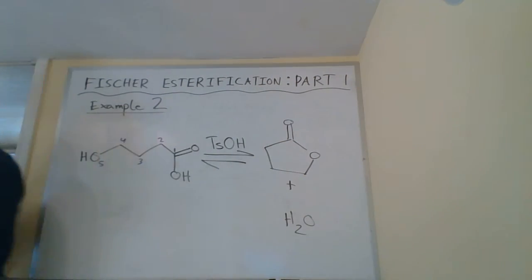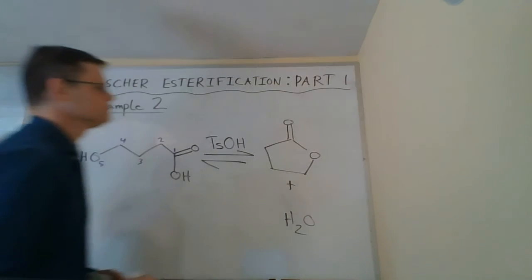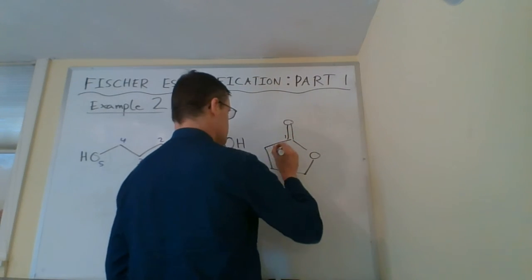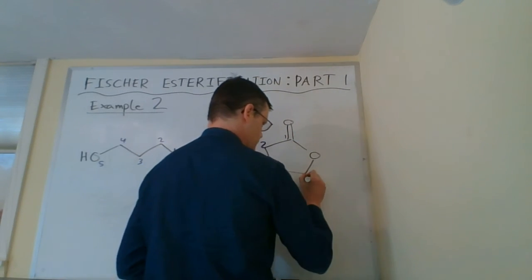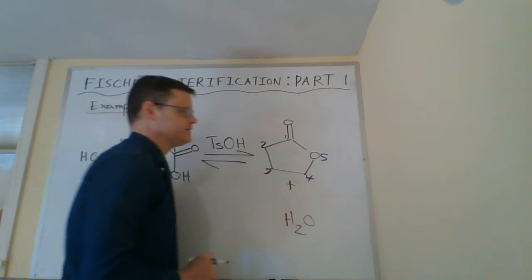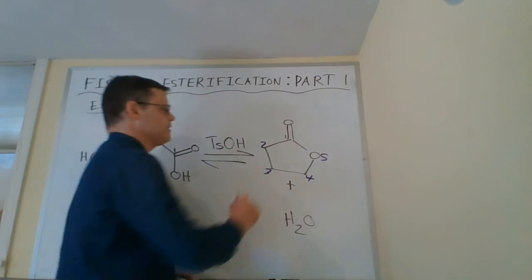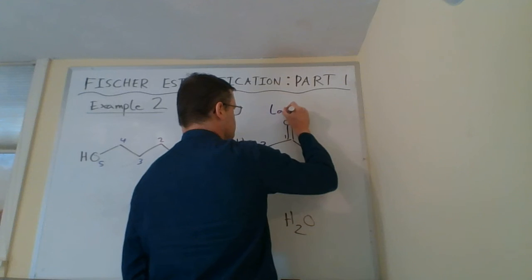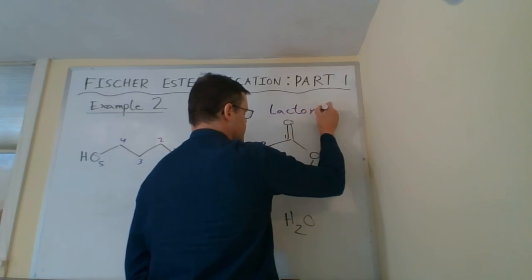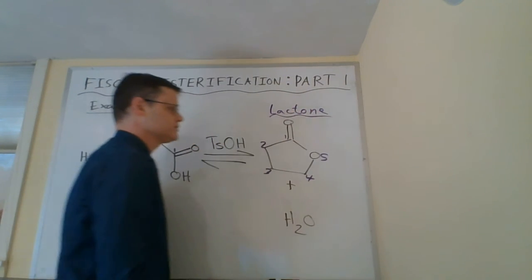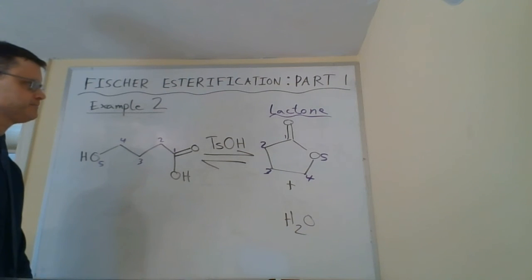Let me number that ring for you: 1, 2, 3, 4, 5. This is a cyclic ester. We could also call it a lactone. A cyclic ester is a lactone.